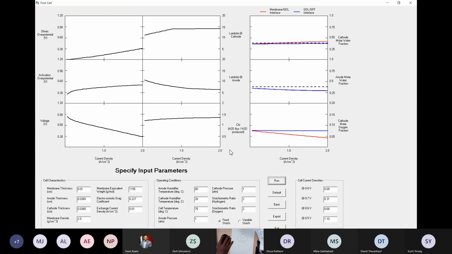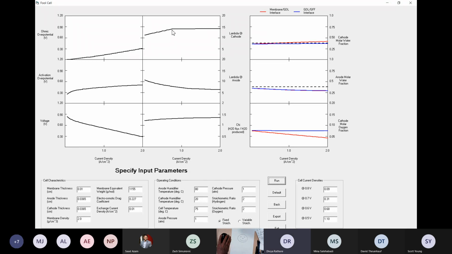Okay, so who can tell me at what current density do you believe flooding is occurring now in this fuel cell? Around 0.8 or something.